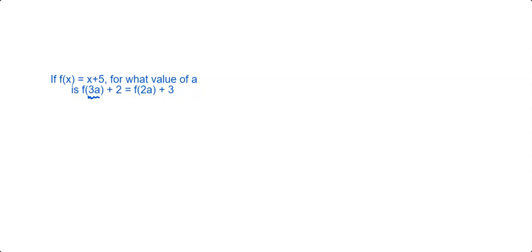So f of 3a is 3a plus 5, because we substituted 3a in place of this x, and then we still have the plus 2. Now f of 2a is 2a substituted for the x, so this is 2a plus 5 plus 3.